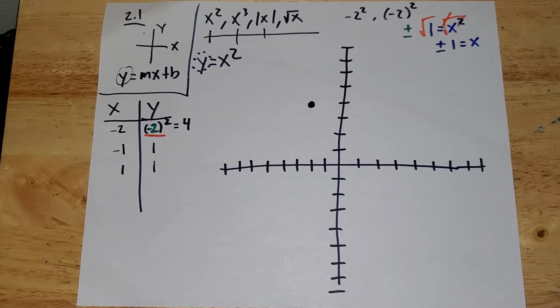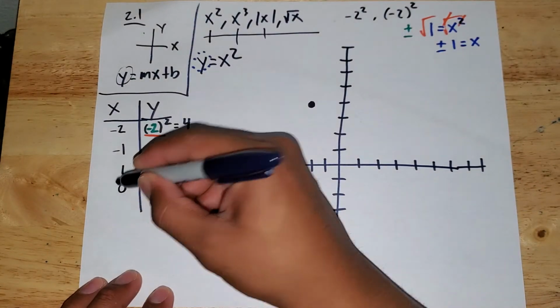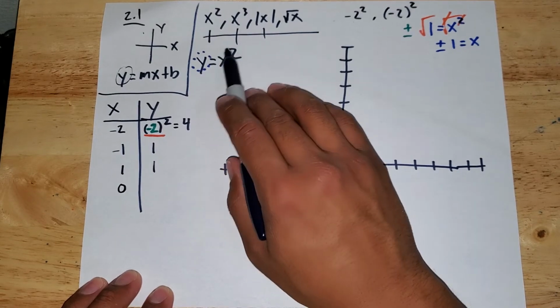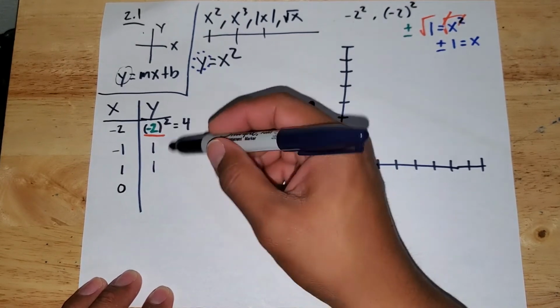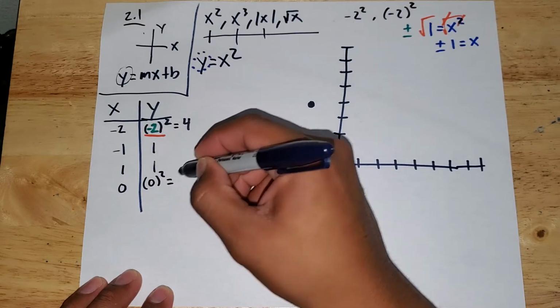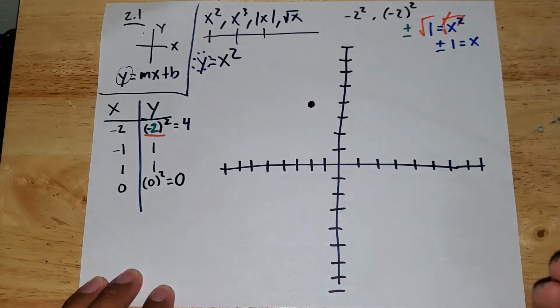So in this scenario, it's best if we just choose x values. For example, let me choose 0. Now all I have to do is plug 0 into x, because once I square it, it's going to give me my y value. So 0 squared is just going to be 0.